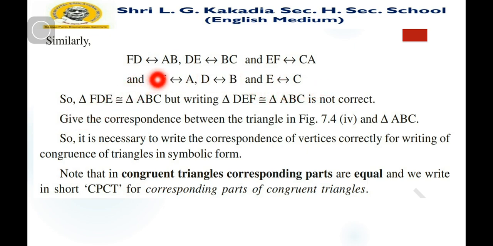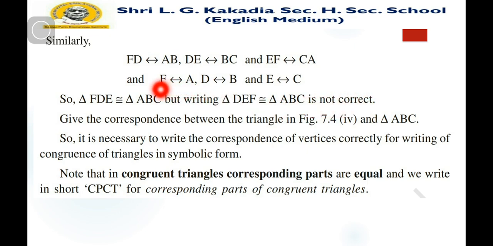So by this way, F with A, D with B, and E with C. So triangle FDE, not DEF, is congruent to triangle ABC, but writing triangle DEF congruent to triangle ABC is not correct.